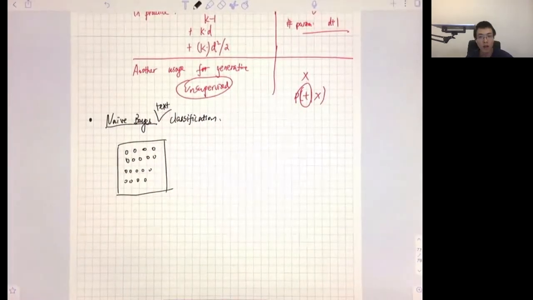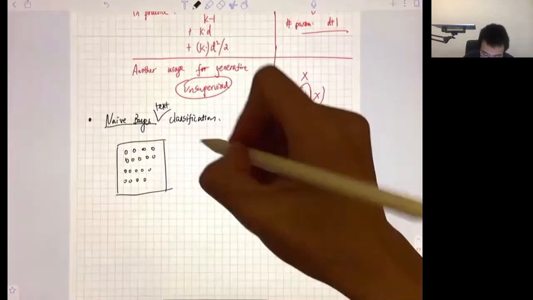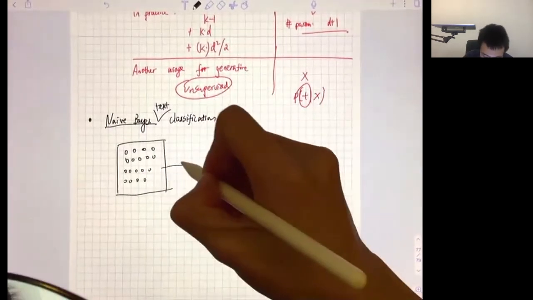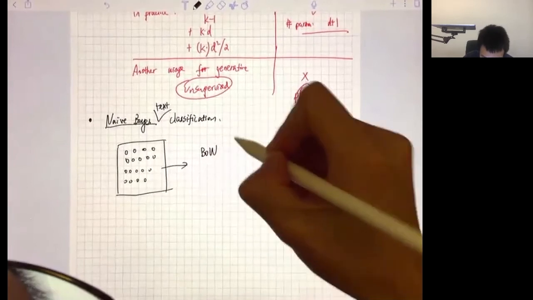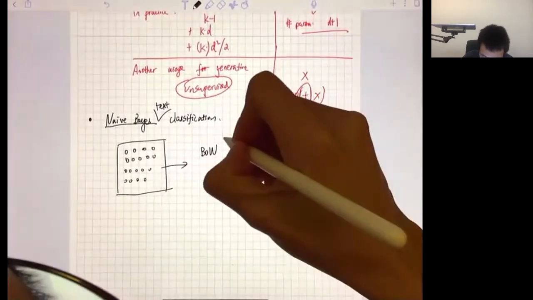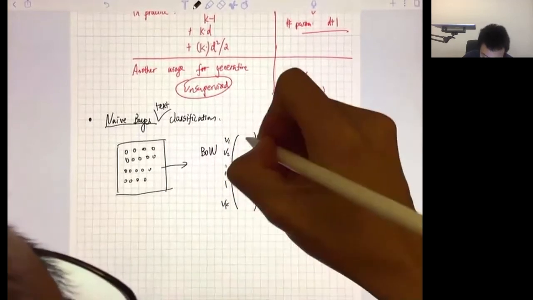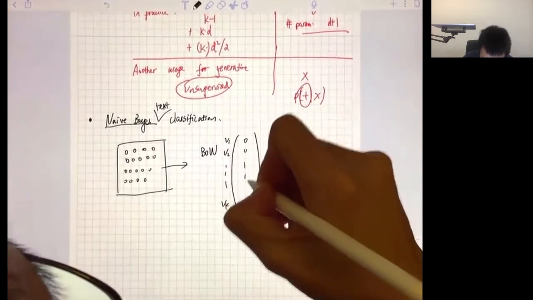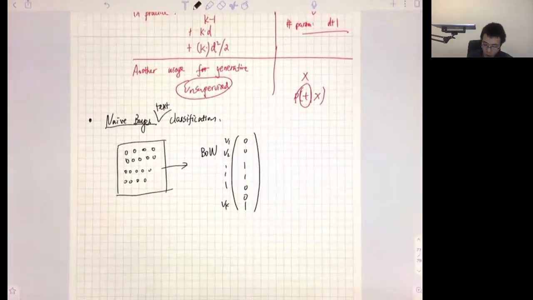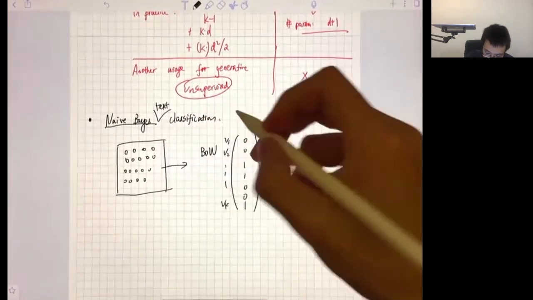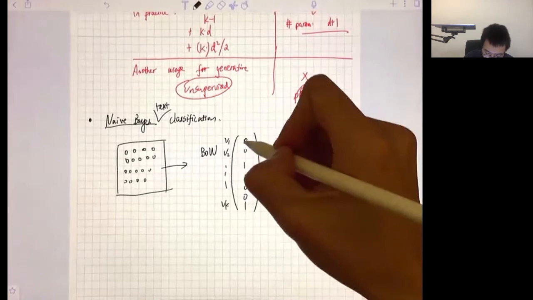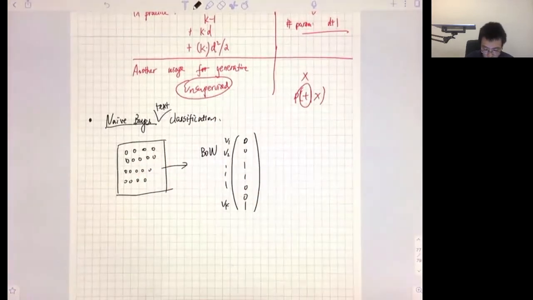A document contains a lot of words, and I can extract the words as bag-of-words features, which is V1, V2, up to VK, indicating whether they occur, like 0, 0, 1, 1, 0, 0, 1, okay? So this tells you whether the features occur or not in this document.